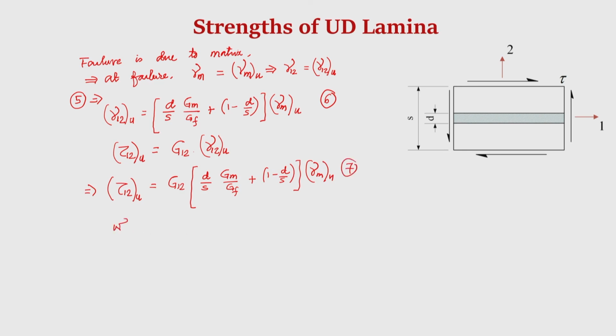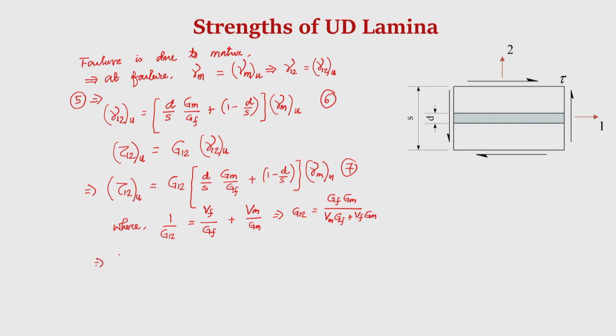Where we know what is G12, we have obtained using mechanics of material approach G12 in terms of the shear modulus of the fiber and the shear modulus of the matrix and the volume fraction, which implies G12 is G F G M by V M G F plus V F G M.